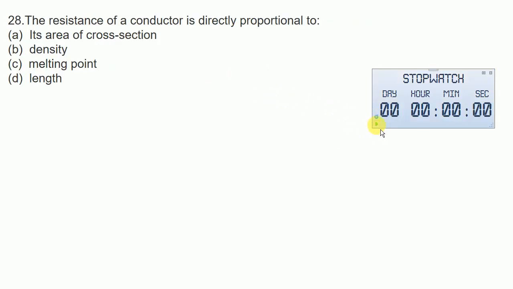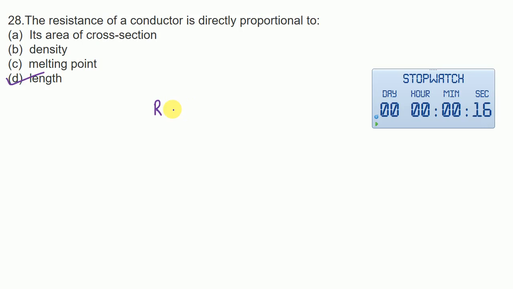Next, the resistance of a conductor is directly proportional to the area of cross section? Directly, directly. Okay, it's enough.